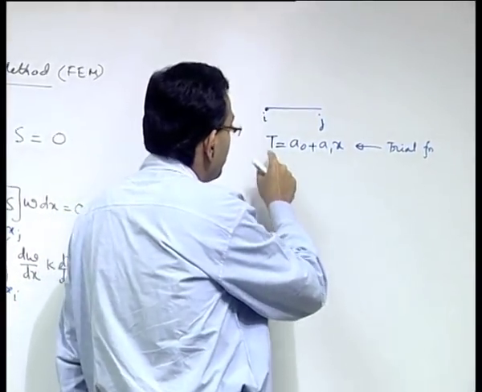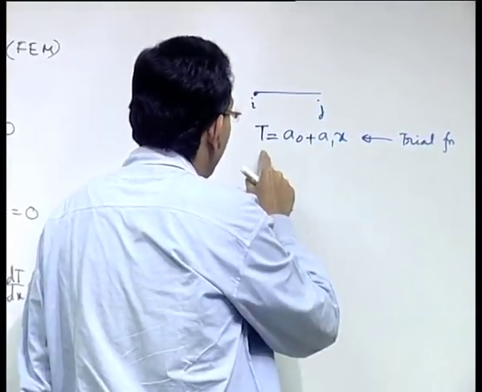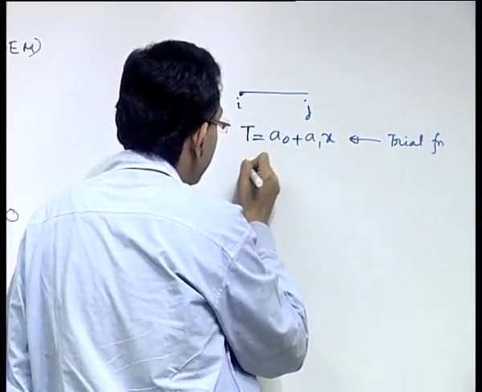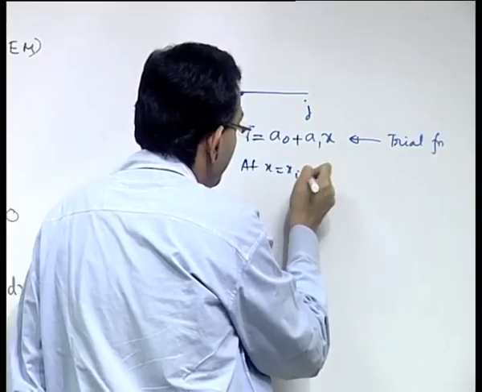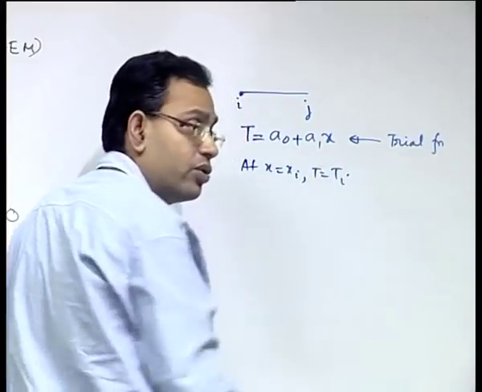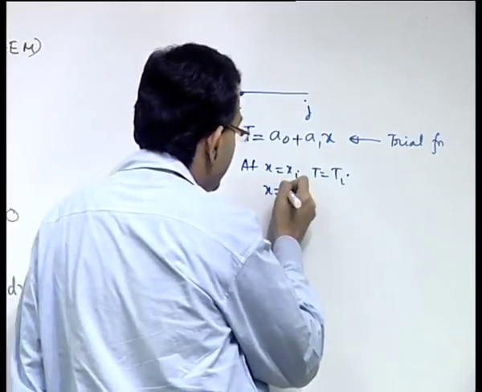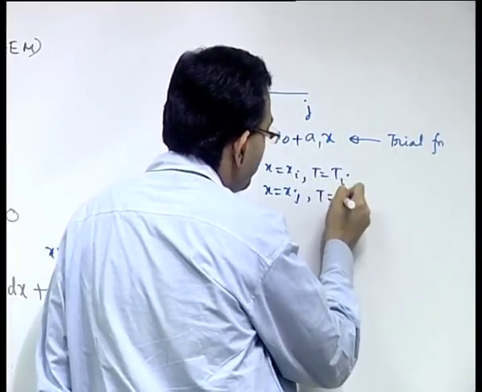Now, you have the following information: at x equal to xi you have T equal to Ti, which is an unknown which you intend to find out, and at x equal to xj you have T equal to Tj.